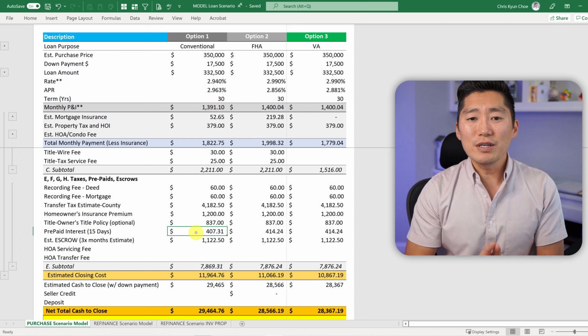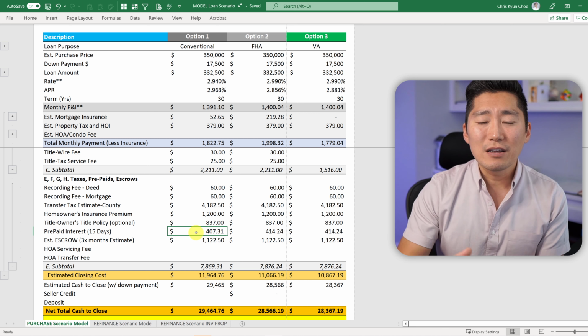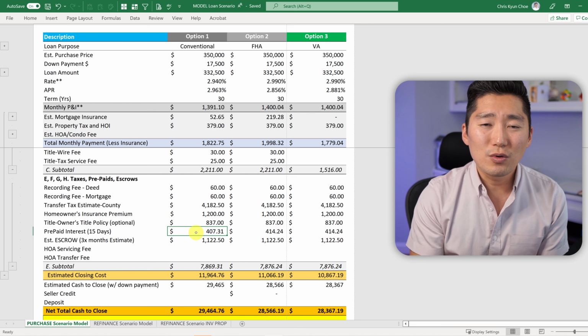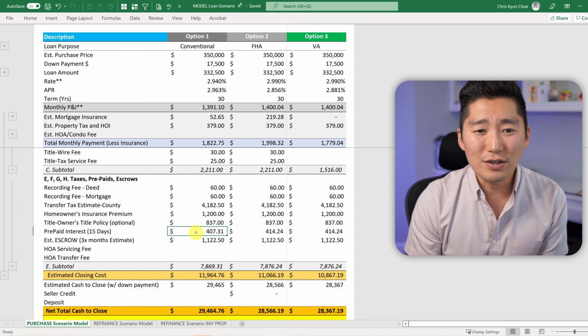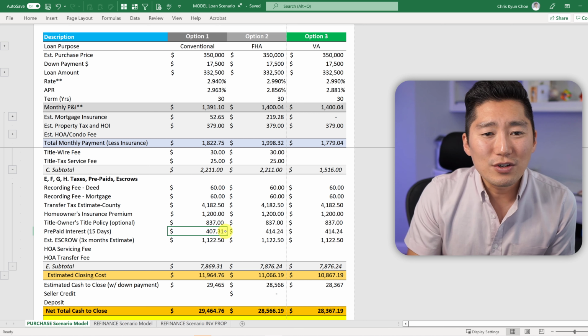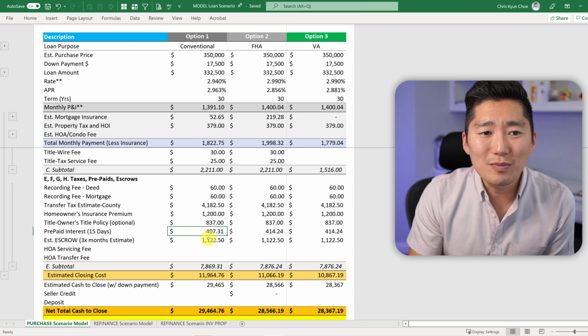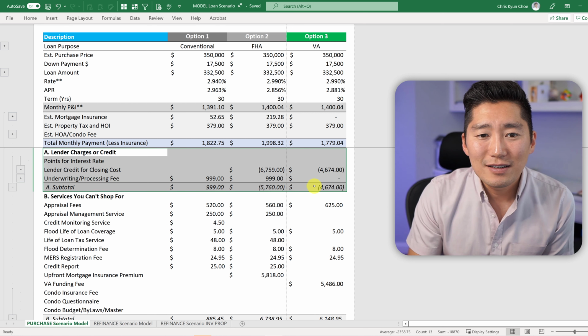If we close in the middle of the month, then this should be pretty accurate. If you're closing a little later in the month, you'll pay a little less, and if you're closing a little earlier, you'll pay a little more. So just take this into consideration. That's why I go back to focusing on section A.